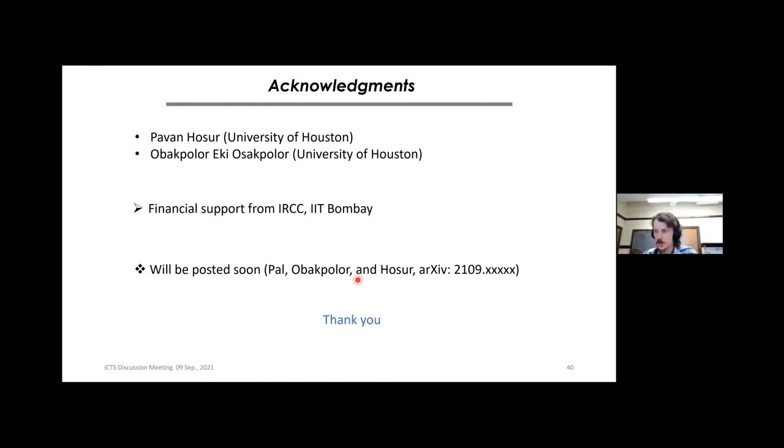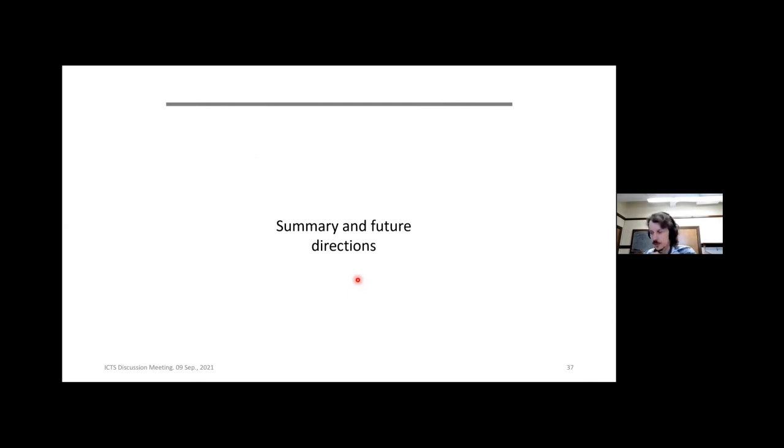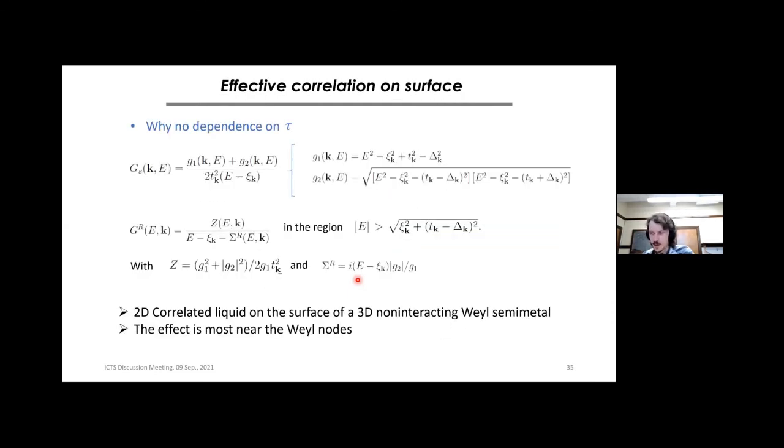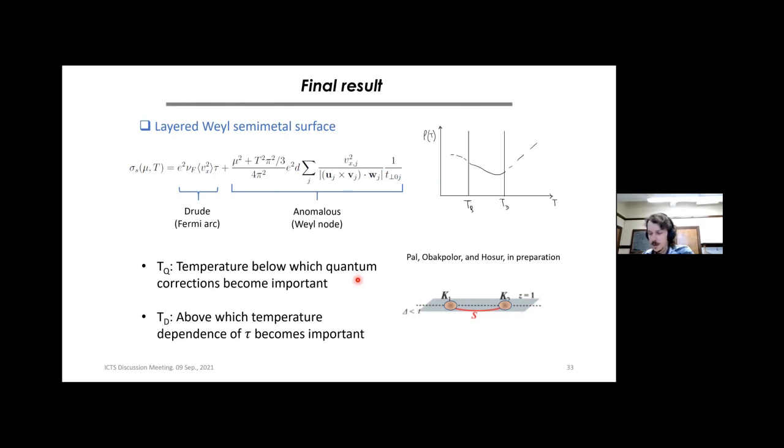Hello, thank you very much for the talk. I'm a little bit confused regarding the part of the surface transport. You notice that in principle it's possible to have a Drude part of the Fermi arc transport. But if you consider the simplest case, a straight Fermi arc, this would correspond to a one-dimensional state.